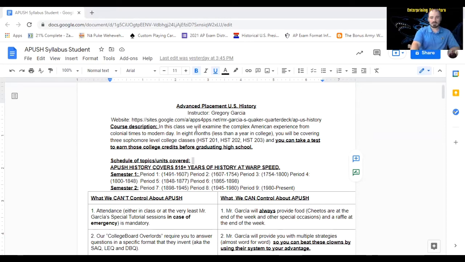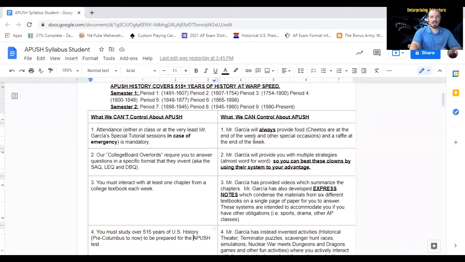So I do a little description here talking about the American experience from colonial times and even a little bit before to modern times, covering 3 classes at the college sophomore level sequence, History 201, 202, and 203. Briefly explaining the test. I have a philosophy on AP in general that might become quite clear as you take a look at the syllabus. I'm looking forward to explaining that in future videos.